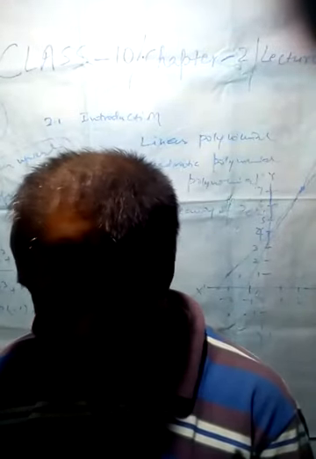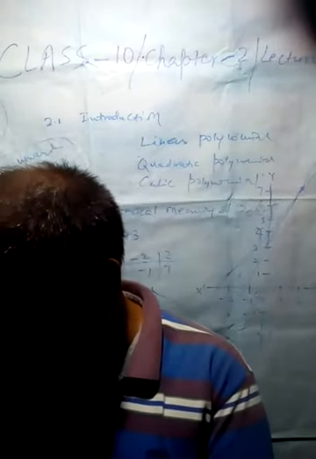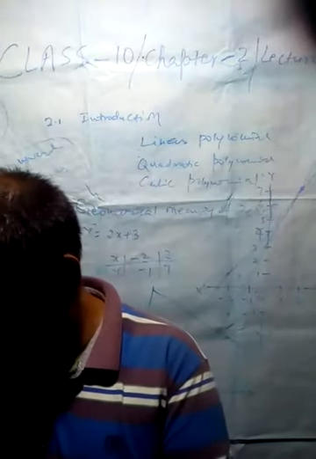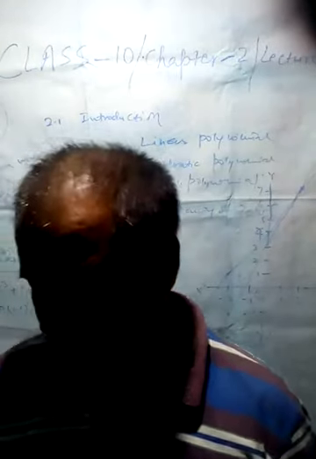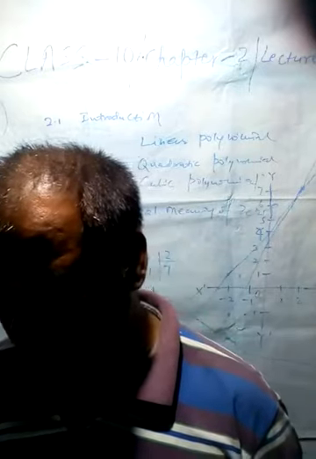Locating the points from the table on the graph paper and drawing the graph, we see that the graph of y is equal to x cube minus 4x actually looks like the one given in figure 2.6. We see from the table above that -2, 0 and 2 are zeros of the cubic polynomial x cube minus 4x.